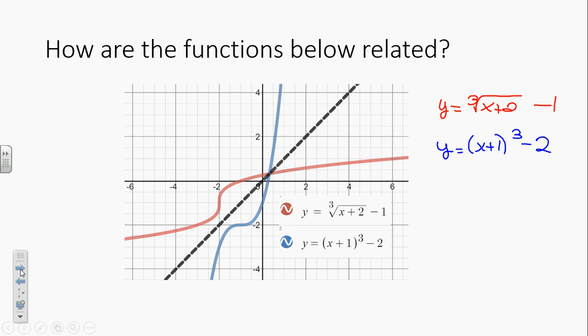Okay? Easy to tell by the graph, right? What do you notice about these equations?